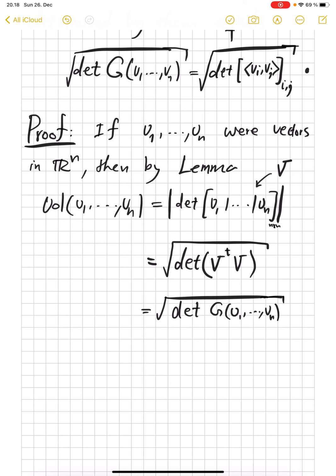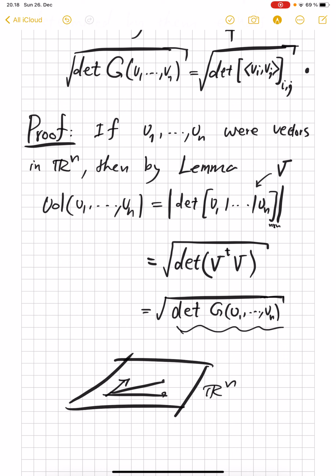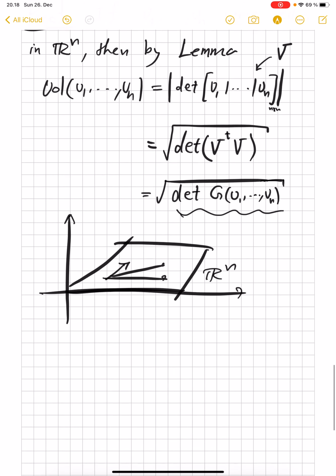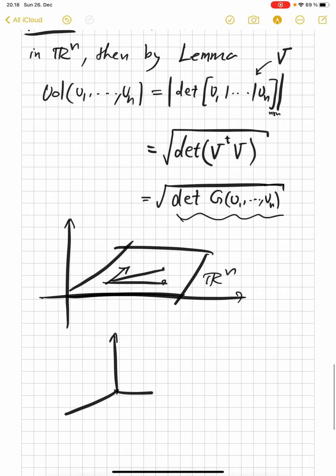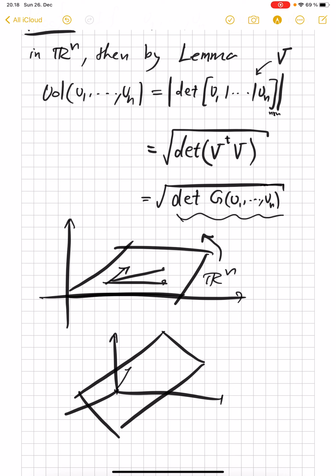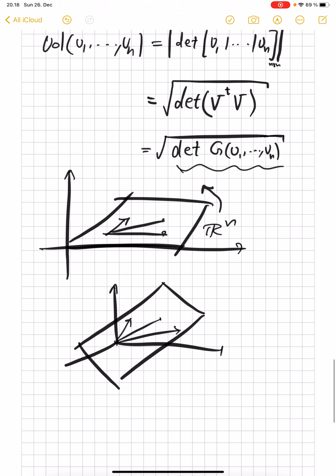But what is nice about this gram determinant is that now that you had n vectors inside R^n, this is your R^n, and here is your R^m, the full picture is R^m. If you tilt this R^n inside R^m, so you give it some rotation and you bring it up this way, and the vectors vi get translated with it.